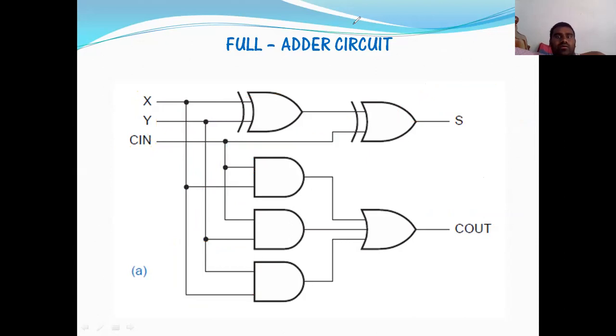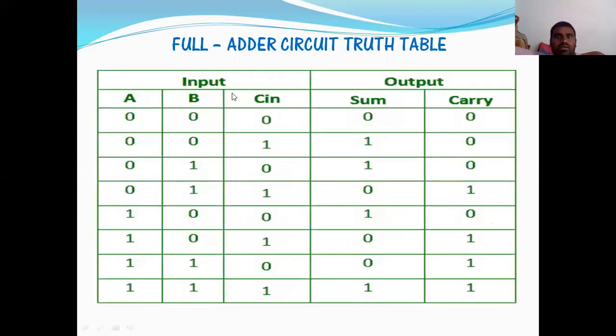Okay, and next we have the full adder circuit truth table. For this truth table, here we have input A 0, B 0 and C 0. So 0 plus 0 is 0, 0 plus 0 is 0.